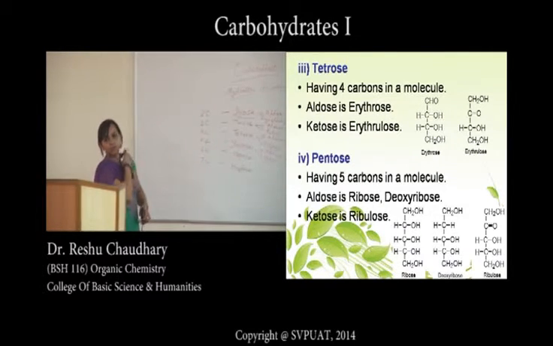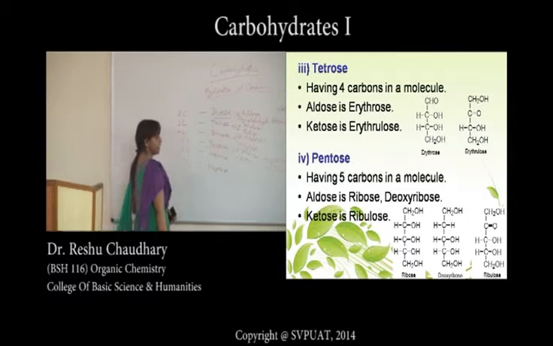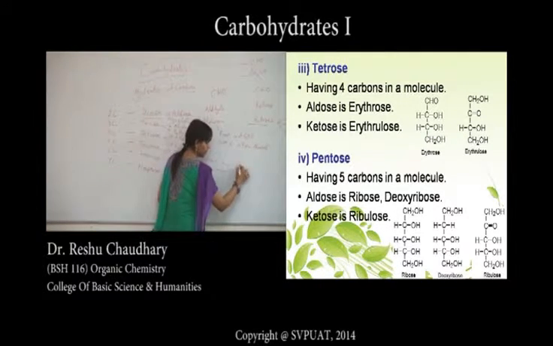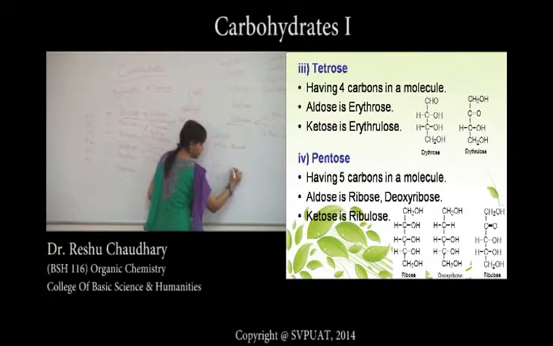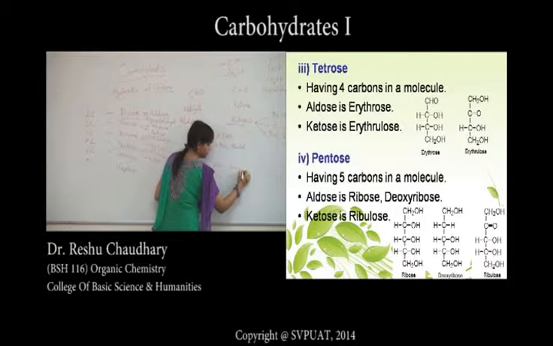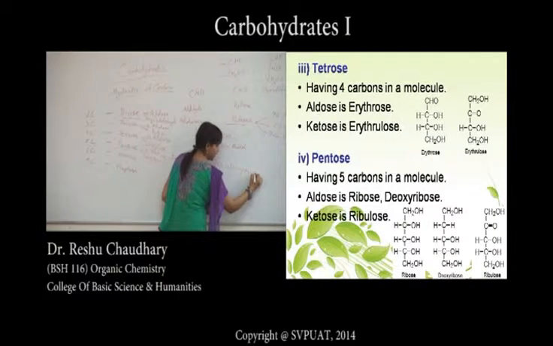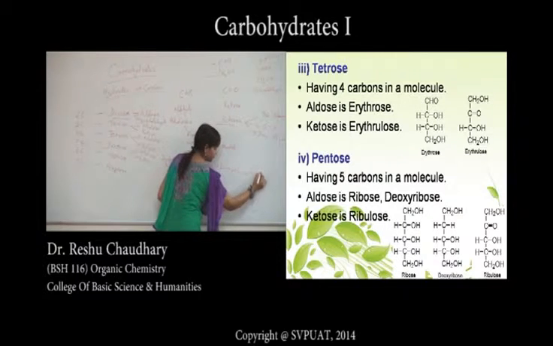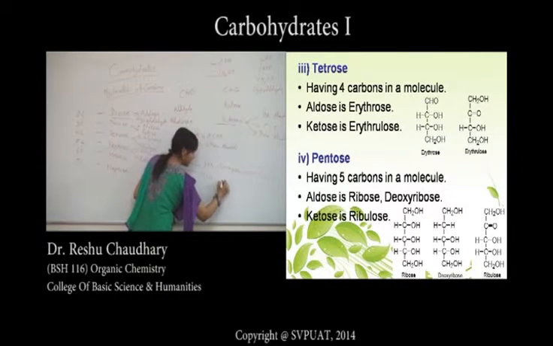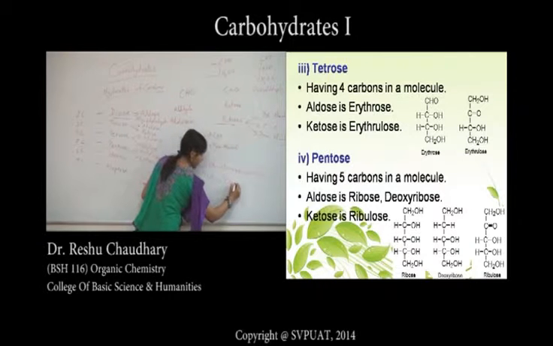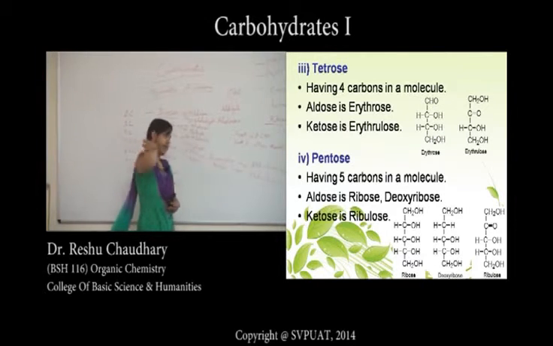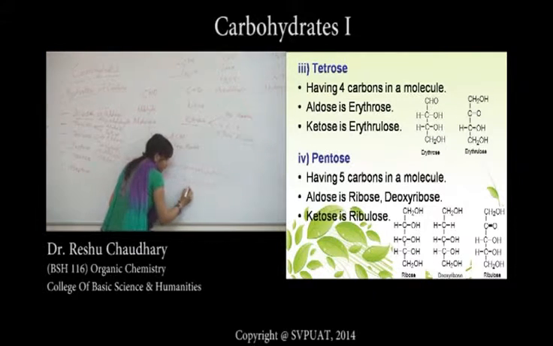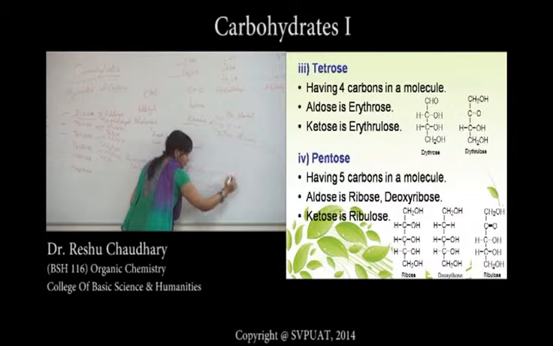They participate in the formation of genetic material, which is DNA and RNA. As the name indicates, DNA is deoxyribonucleic acid, and the RNA is ribonucleic acid, with the presence of ribose sugar and nucleotides, deoxyribose sugar and nucleotides.